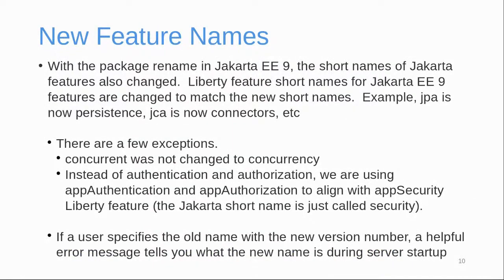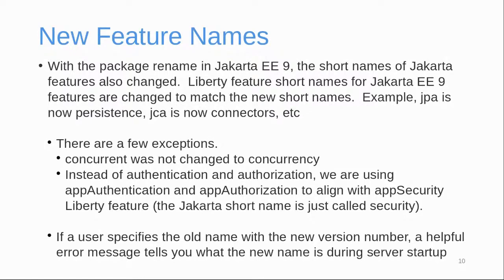Additionally, within the Jakarta EE9 change, not only did the code change to move over from javax to the jakarta prefix, the actual feature names changed as well. So when we had to move off of javax, we also had to move off of the short names. If you're used to things like JPA or JCA or JAX-RS, those are also all trademarked names by Oracle.